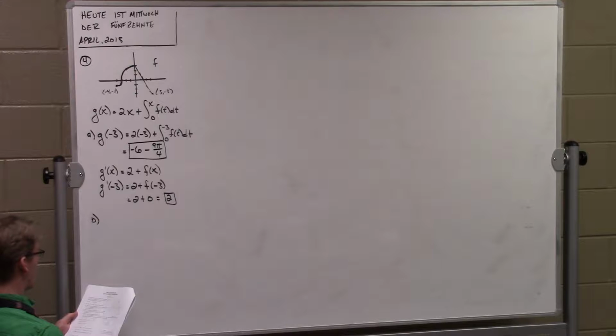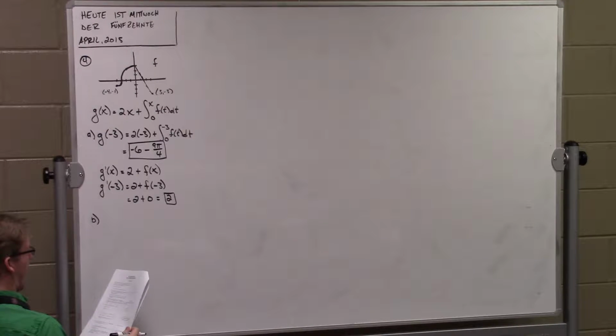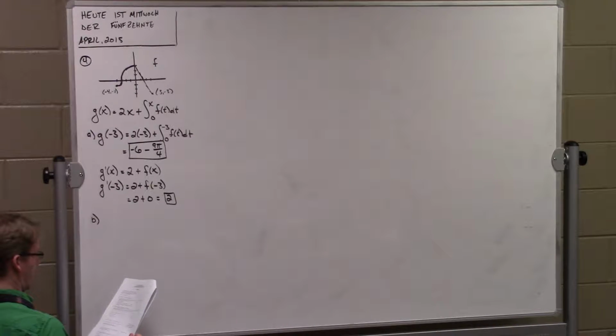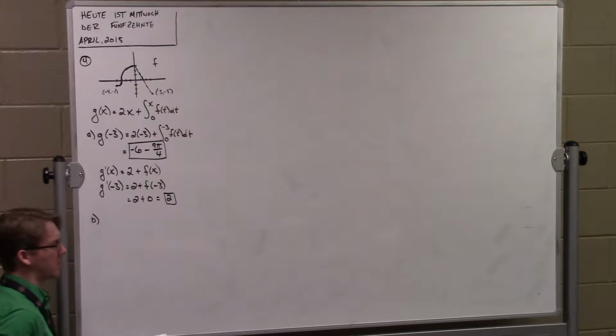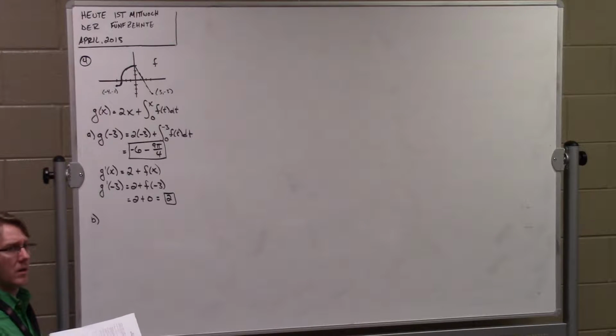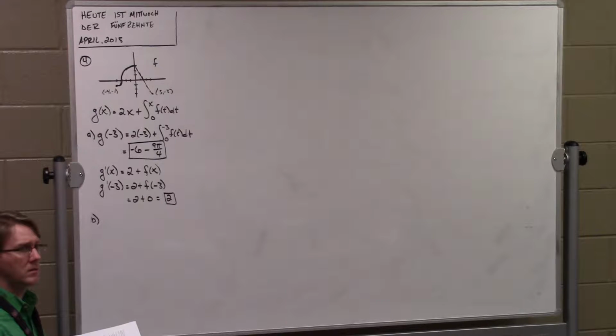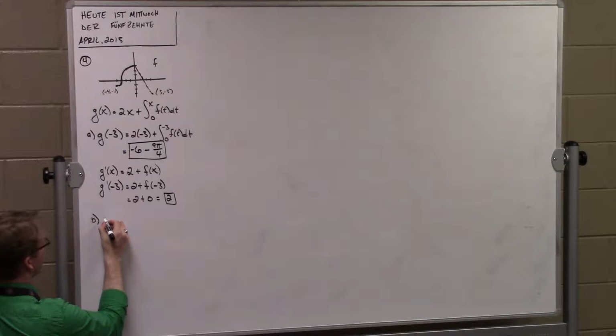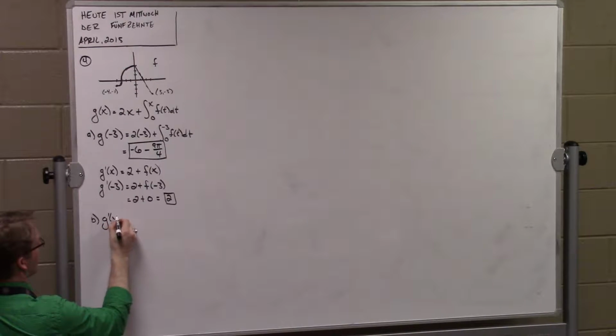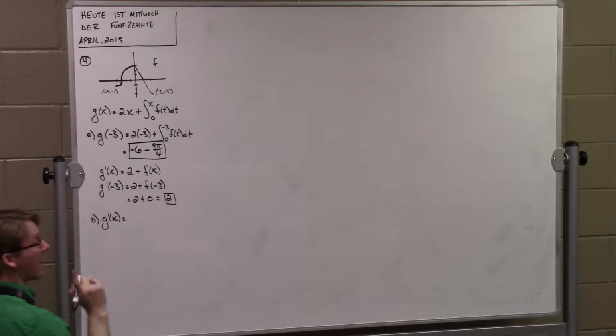Determine the x-coordinates of the point at which g has an absolute maximum value. Okay, how do we find absolute maxes? First derivative. So we want to look at g's derivative, and I might say g prime. It's not f prime, by the way.